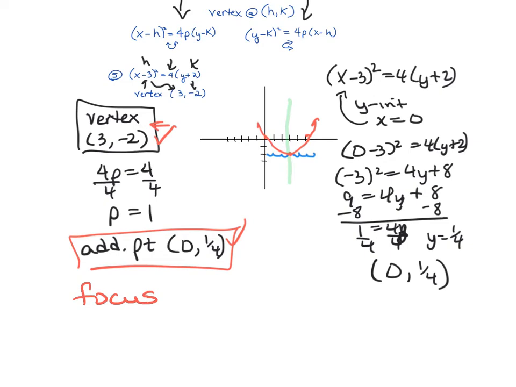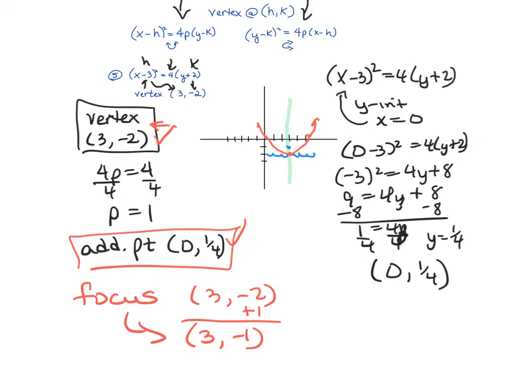Remember, the focus point will be inside that U shape. So to find the focus, I take my vertex, and whenever it's got an x squared, I'm going to add my p-value to my y. So this gives me my focus point, which is (3, -1). Then your directrix is an equation of a line.